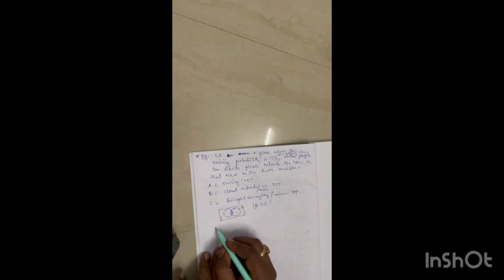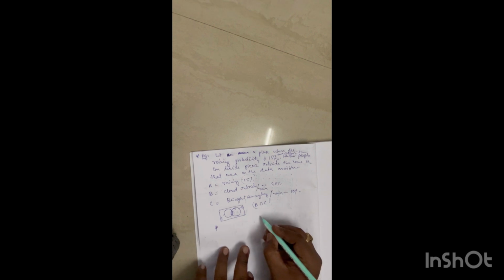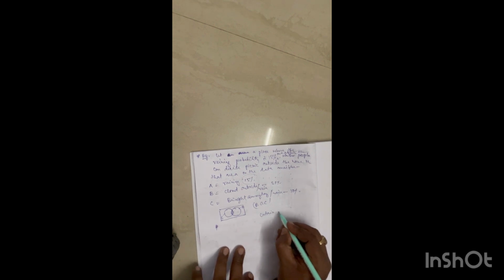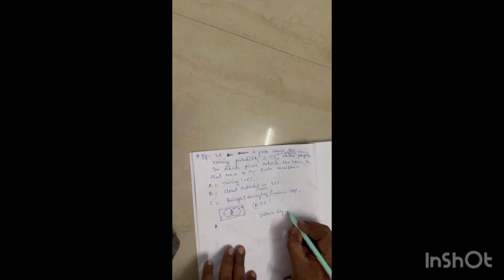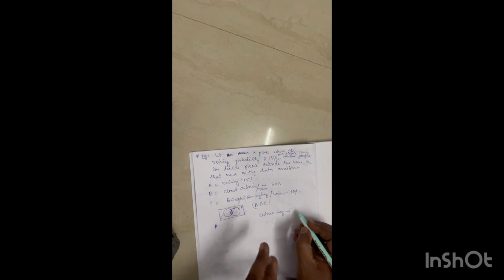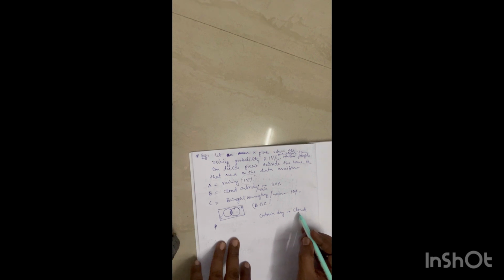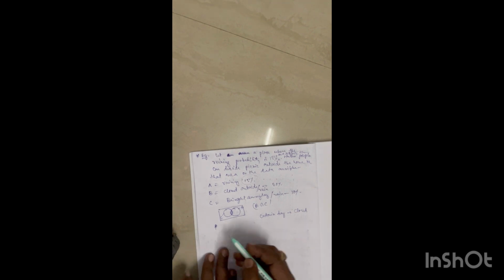The probability that on any day, if we see cloud, whether that cumulative result will tell you there will be rain or not.